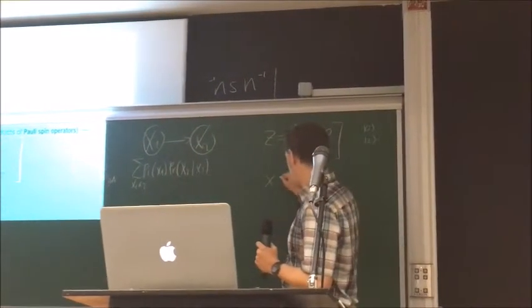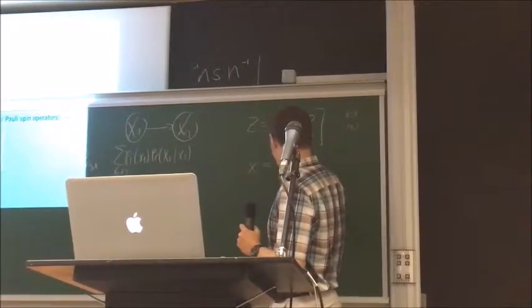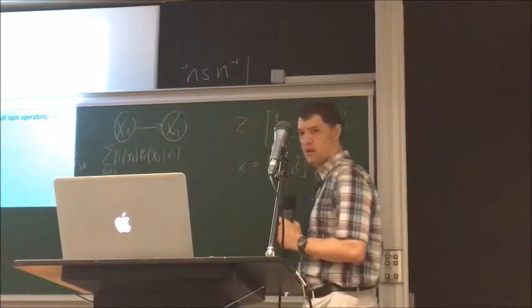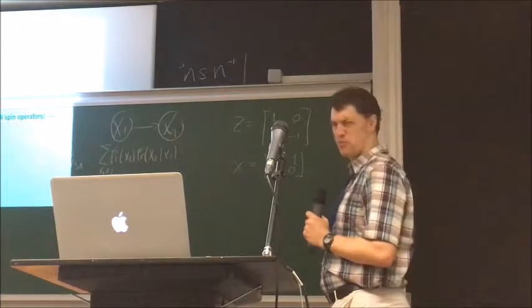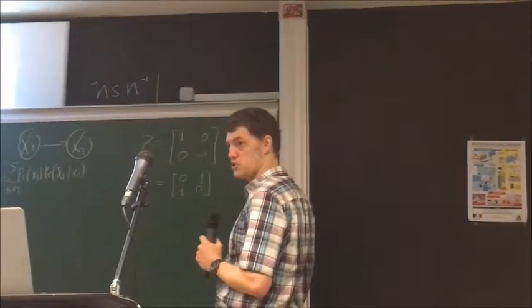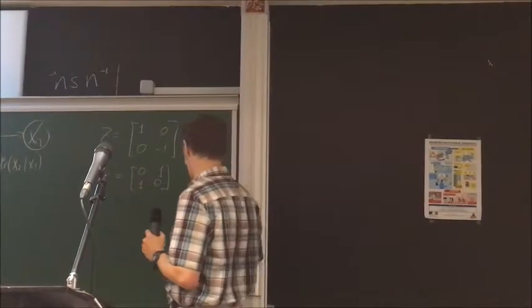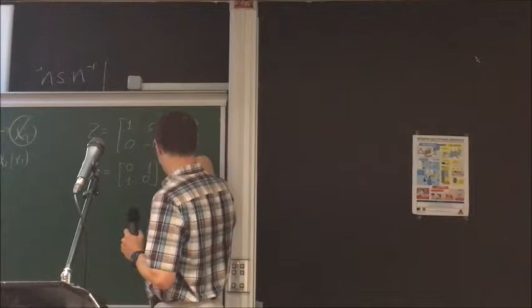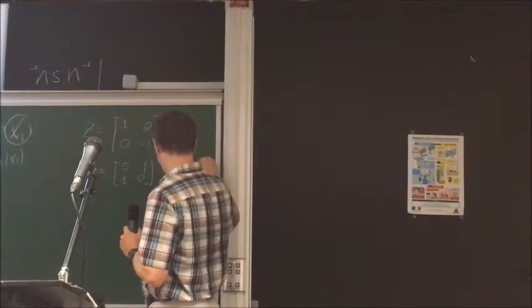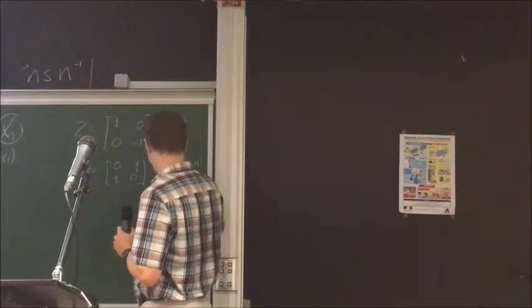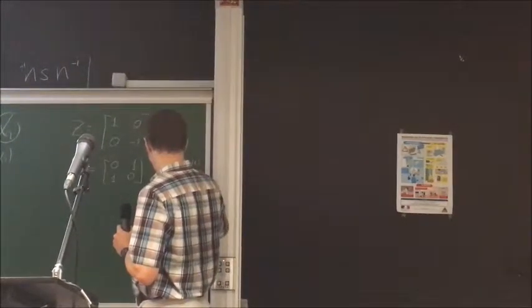Also up on the board there, I've got the X operator, which is this matrix. You might be more familiar with this as the NOT operator, but here I'm not thinking of it as an evolution, but actually again as an observable. And this distinguishes the two states plus and minus.